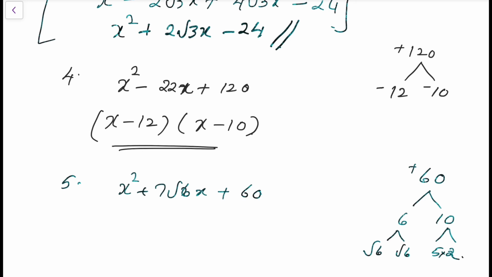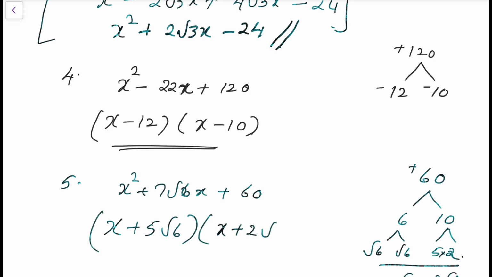So now this means you can write this as 5 root 6 and 2 root 6. If you add, you will get 7 root 6, and if you multiply you will also get positive 60. So your answer will be x plus 5 root 6 into x plus 2 root 6.